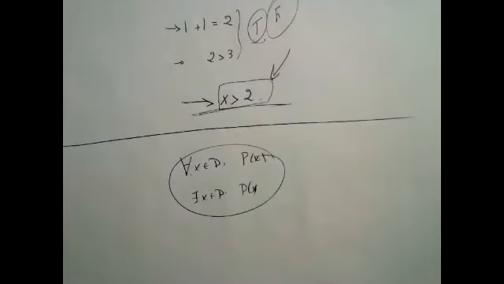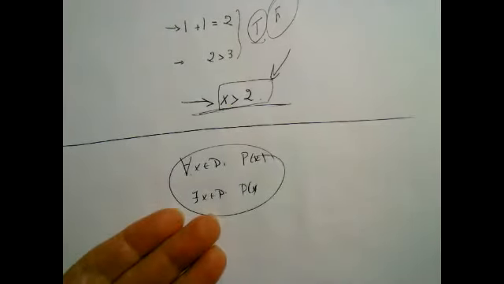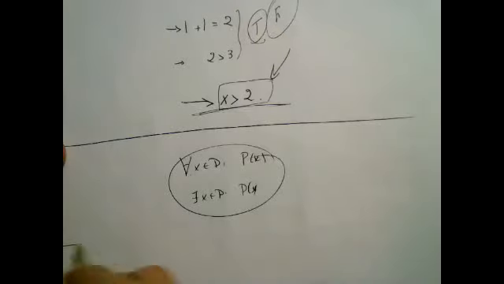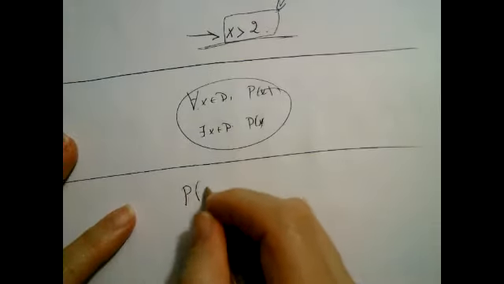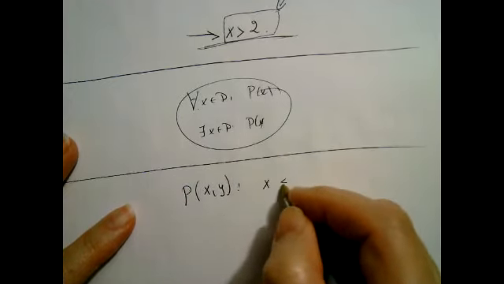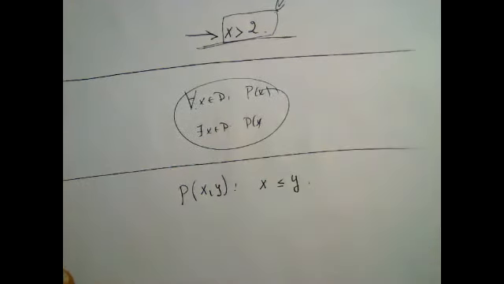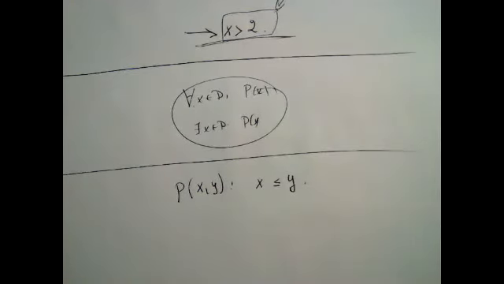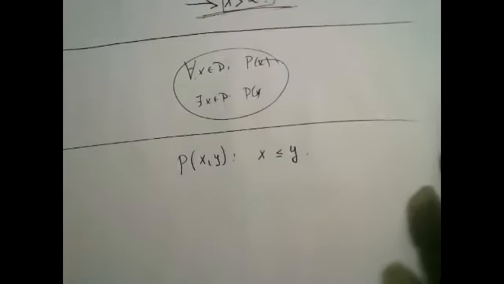Now, some predicates involve more than one variable. So I can have the following predicate. Let us say p of x, y is the predicate x less than or equal to y. Now I have two variables, x and y, so not only one.